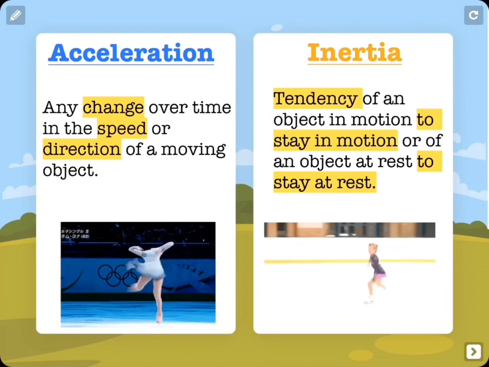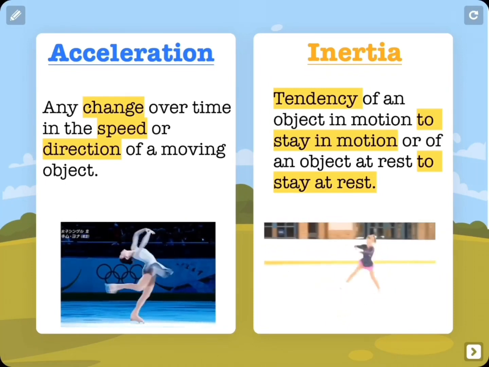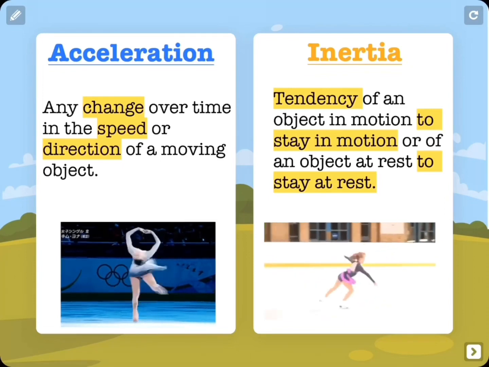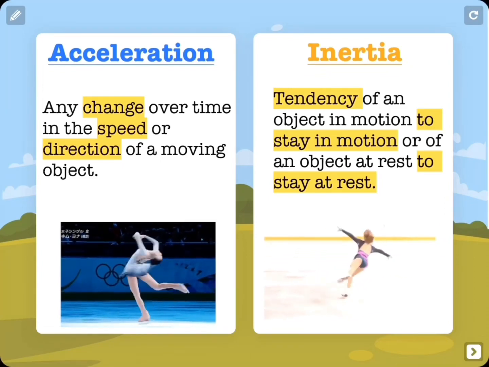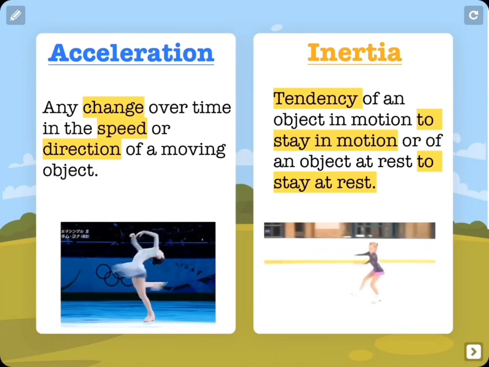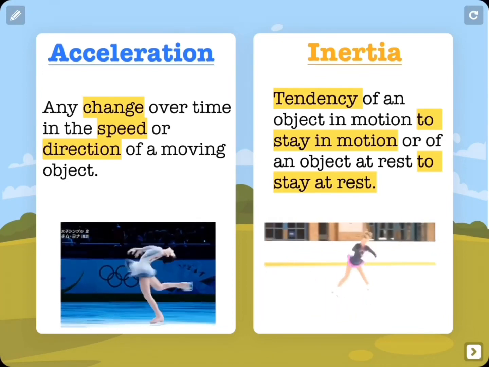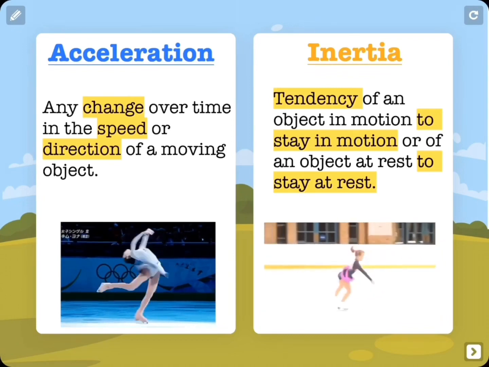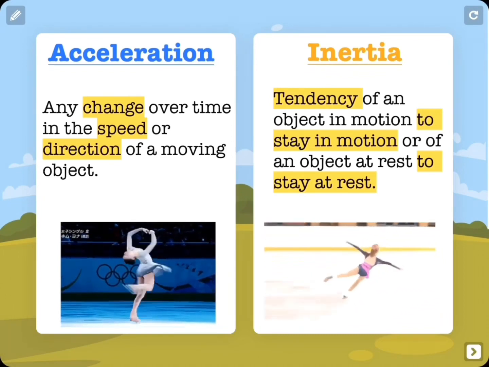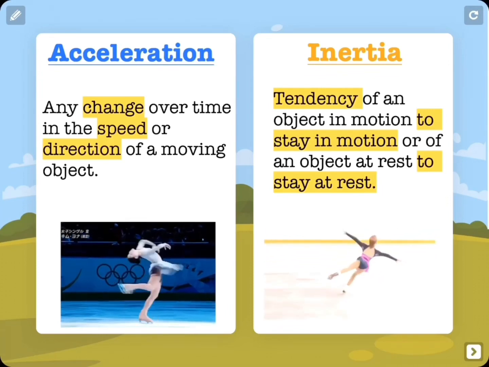When moving, she cannot change her speed or direction unless a force acts on her. And this happens because of the tendency of an object in motion to keep in motion, or of an object that is resting to keep resting. In other words, we are talking about inertia.